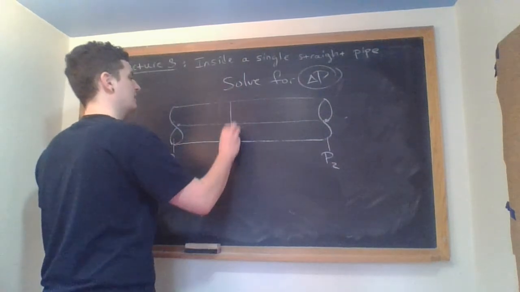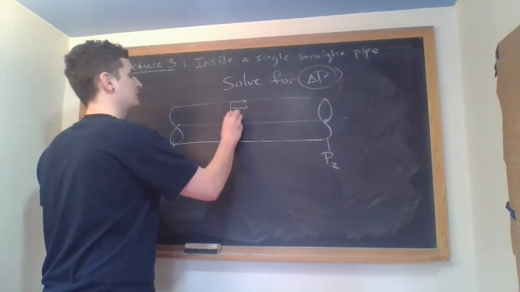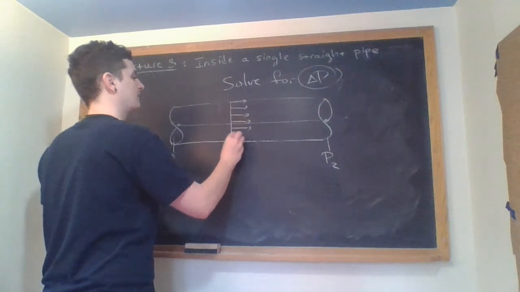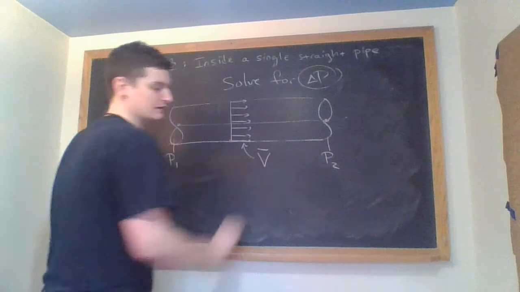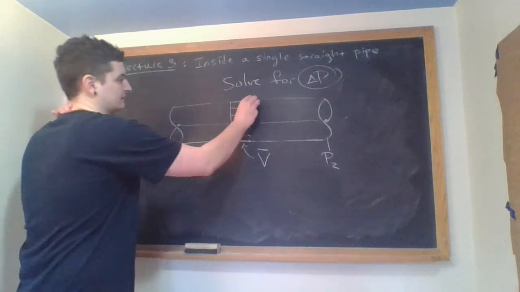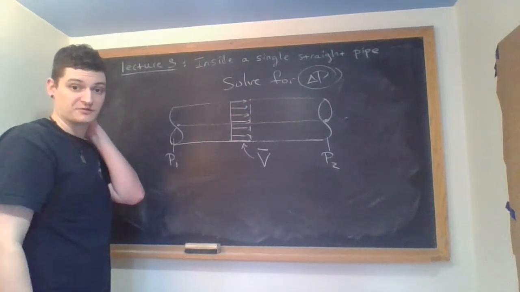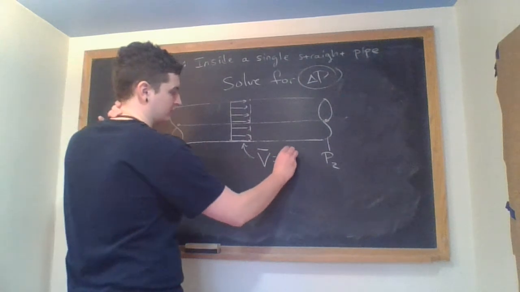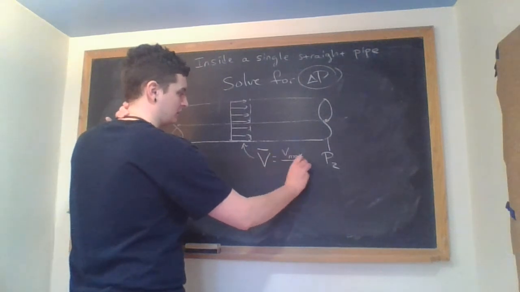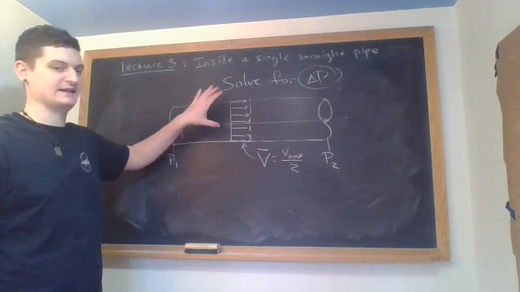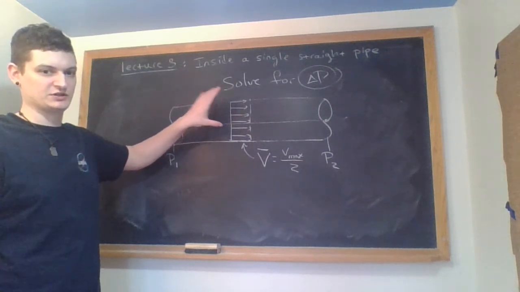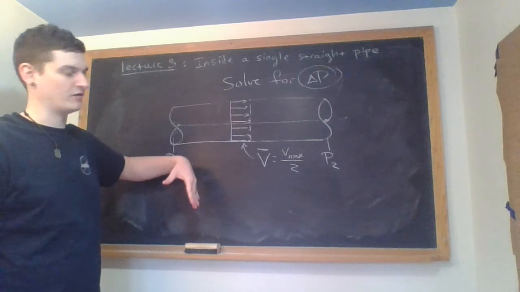Right, remember that this is what V bar represents, where this is a constant velocity profile. That's what we solved for before, right? So this velocity right here is representing when the inside of the pipe flow is just a constant velocity profile.